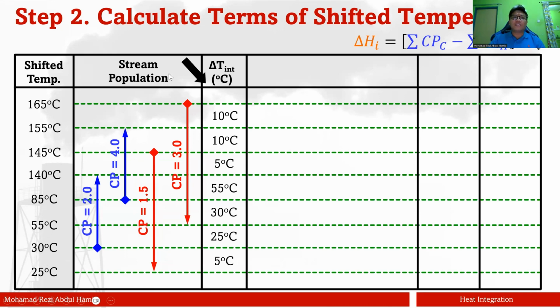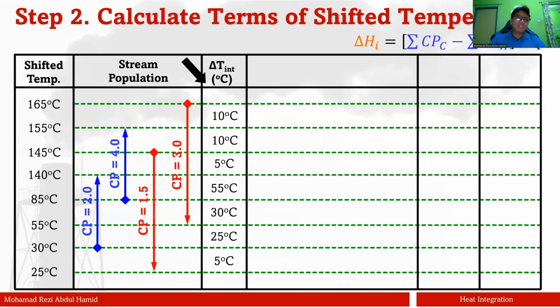And then here's your stream population, basically for a stream number. I don't know what the stream is, by the way, but it's probably C2. Let's say, for example, this is C2 from 30 to 140 for the shifted temperature. And then cold stream number 1, I could be wrong, by the way, but you need to check the slides, a few slides before.